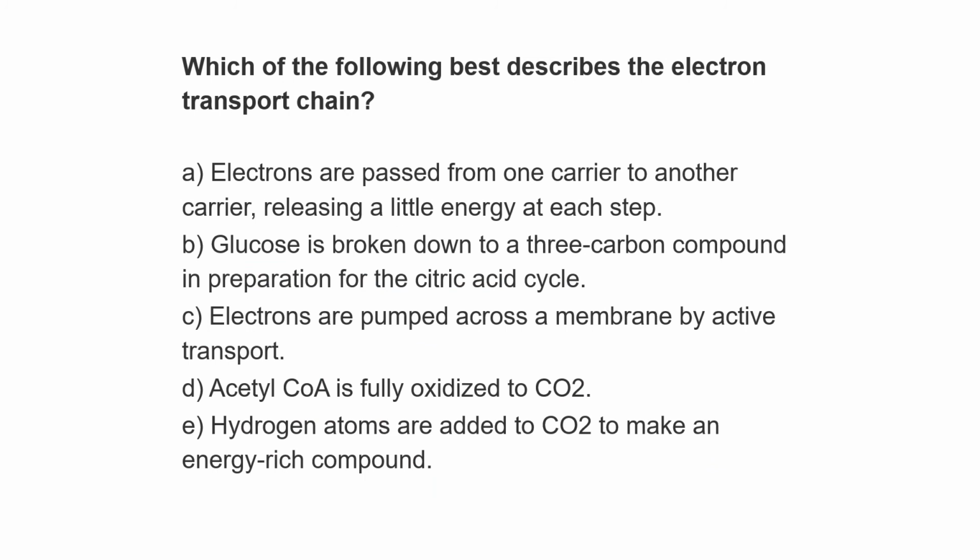Okay, which of the following best describes the electron transport chain? Maybe there are some of them that are correct. We have to look for the best one. If you remember the electron transport chain, you have different carriers that transport the electrons, and you create a gradient. Then you have oxygen here, which will accept the electrons to produce water, and at every small step you're gaining a little energy.